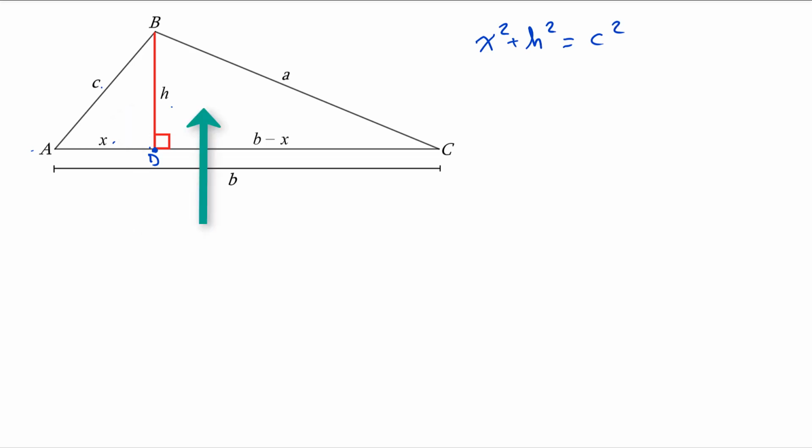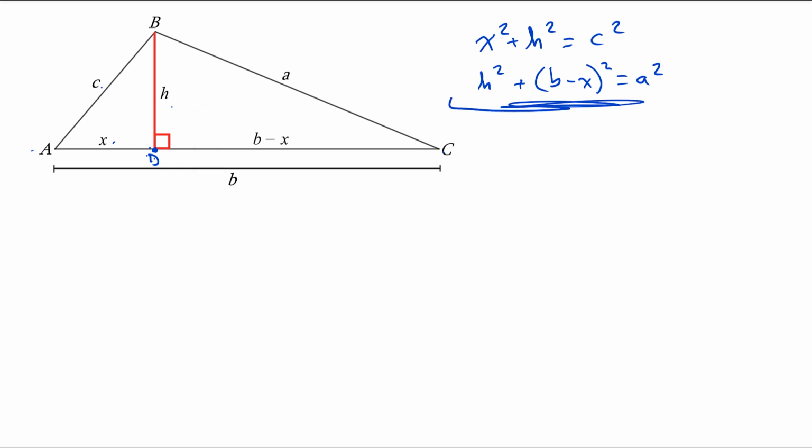On triangle CDB, we have side length h and side length b minus x, so h squared plus b minus x squared equals the hypotenuse squared, which is a squared.